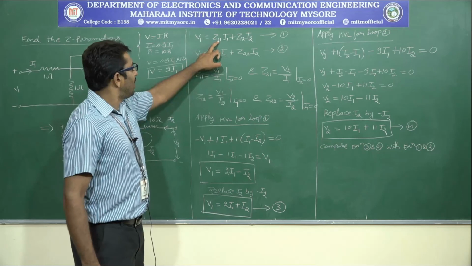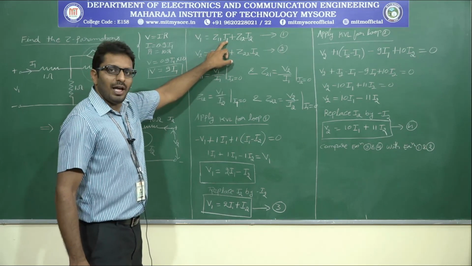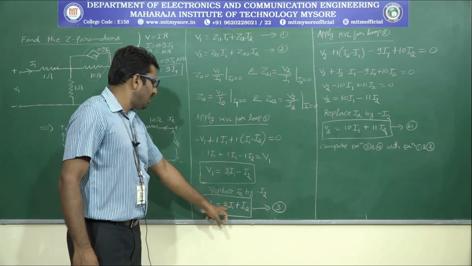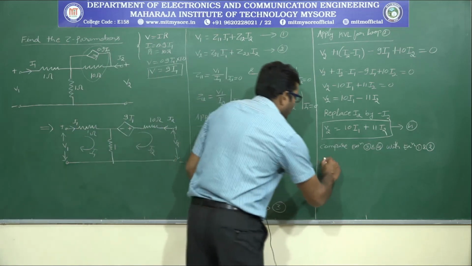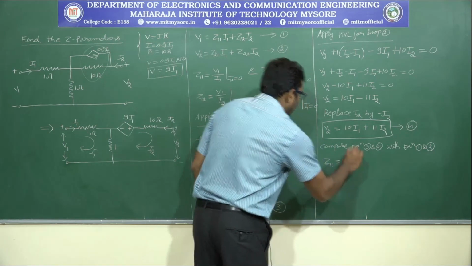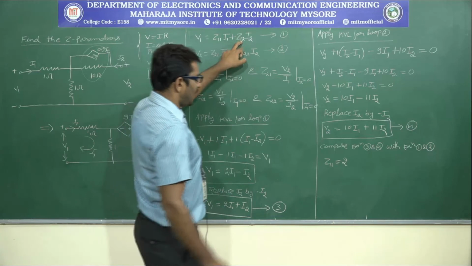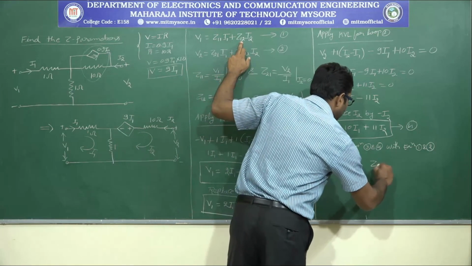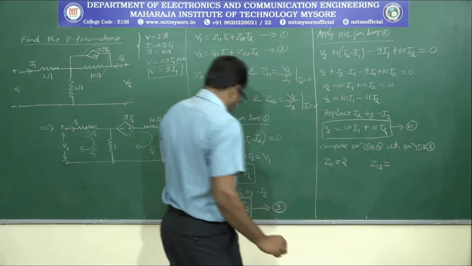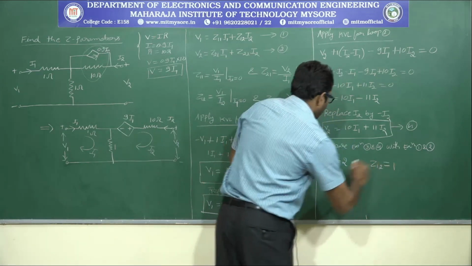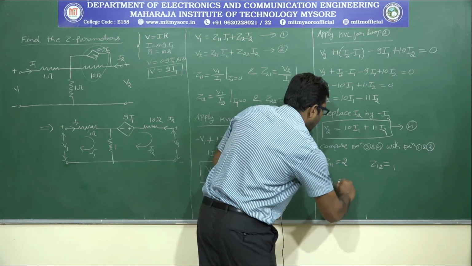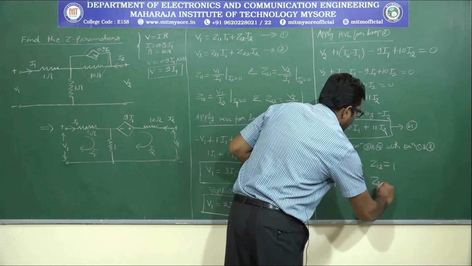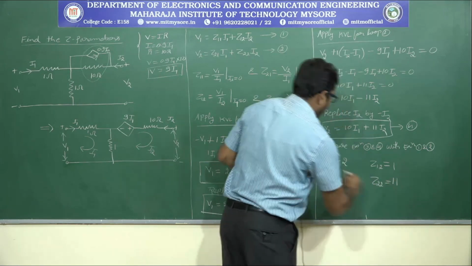So Z11 is the coefficient of I1. Here, what is the coefficient of I1? 2. Therefore, Z11 is equal to 2. Next, Z12 is equal to 1. Next, Z21 is equal to 10. Z22 is equal to 11.